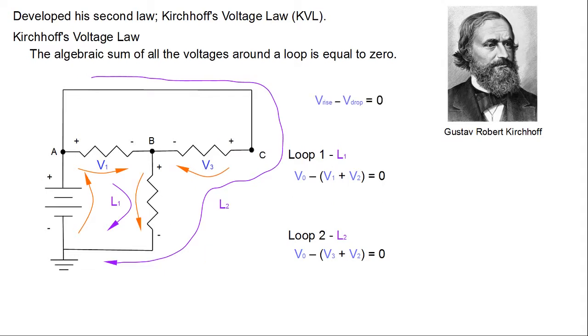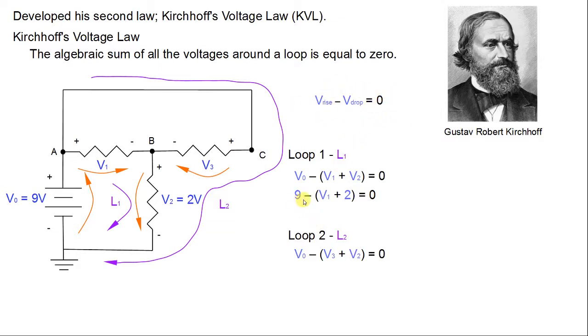Okay, let's apply some voltages here and do some solving. So I'm going to say V0 is 9 volts, and I'm going to say V2 is 2 volts. Let's see if we can solve for the other voltages here. So I still have my formula here, rise minus drop equals 0.